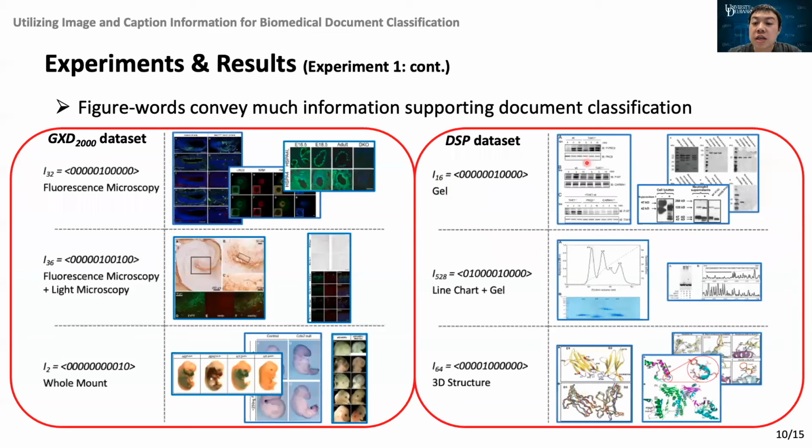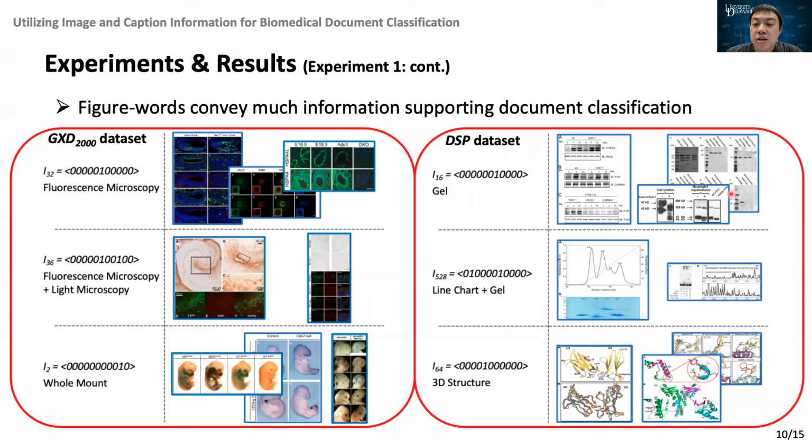We also show examples of top scoring figure words. Notably, these figure words correspond to images that are typically found in certain biomedical experiments. For instance, fluorescence microscopy images often appear in publications relevant to the gene expression database, as this method is a common imaging technology for visualizing gene expression.